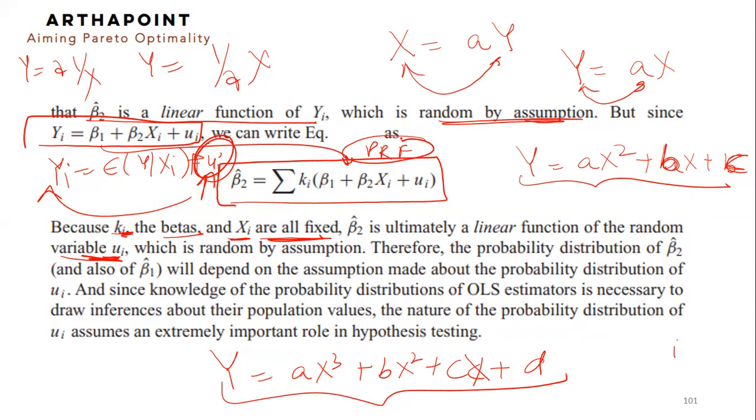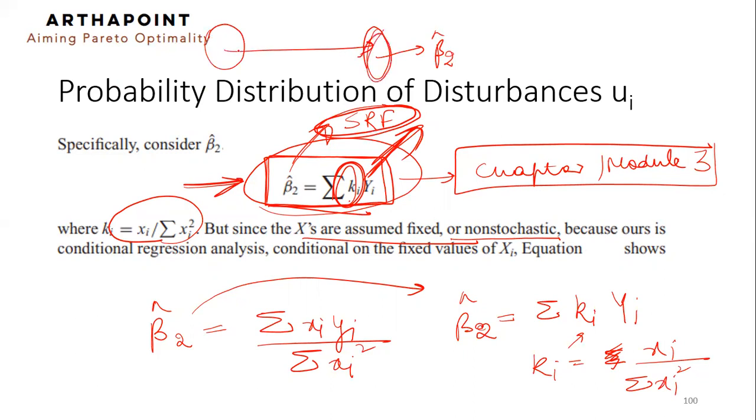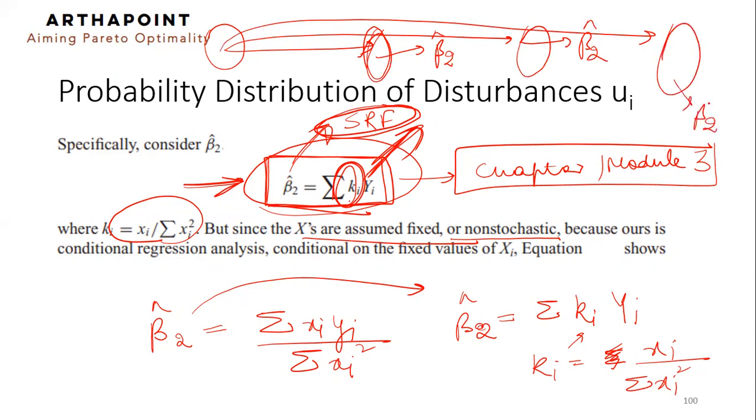I am using sample to estimate the population. Here, the equation that I had written was for my sample. For my sample, if I pick up one sample, I get one beta 2 hat. I'm deriving this sample from a population. Instead of deriving this sample, if I derive some other sample, I get some other beta 2 hat. If I derive some other sample, I get some other beta 2 hat. So these are random in nature because I'm randomly generating samples, and for each sample, I generate its own beta 2 hat.